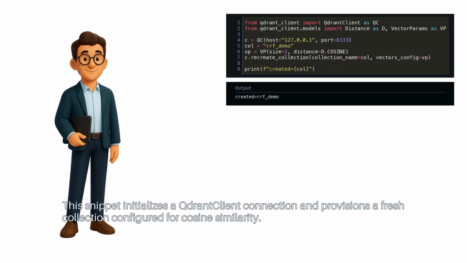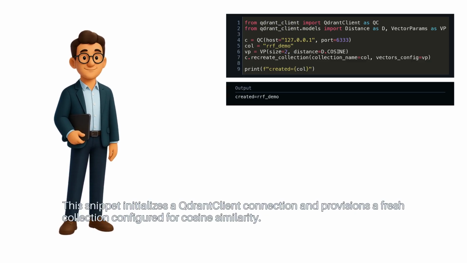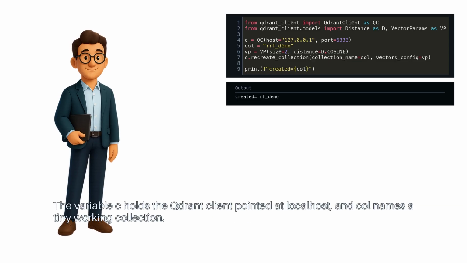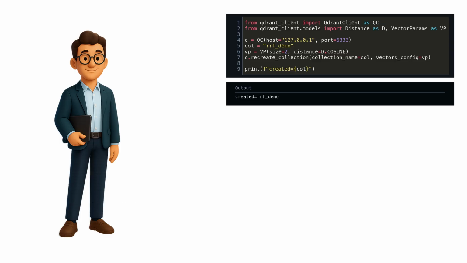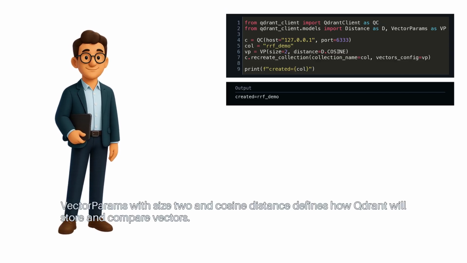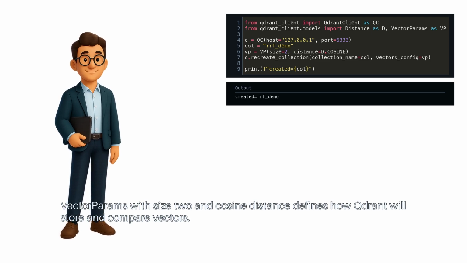This snippet initializes a Qdrant client connection and provisions a fresh collection configured for cosine similarity. The variable c holds the Qdrant client pointed at localhost, and coll names a tiny working collection. Vector params with size 2 and cosine distance defines how Qdrant will store and compare vectors.